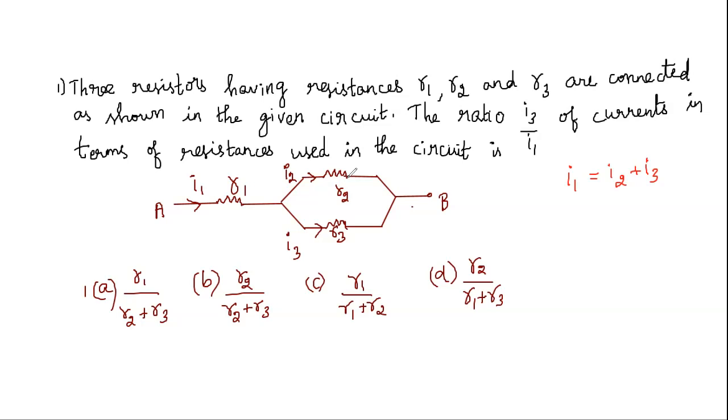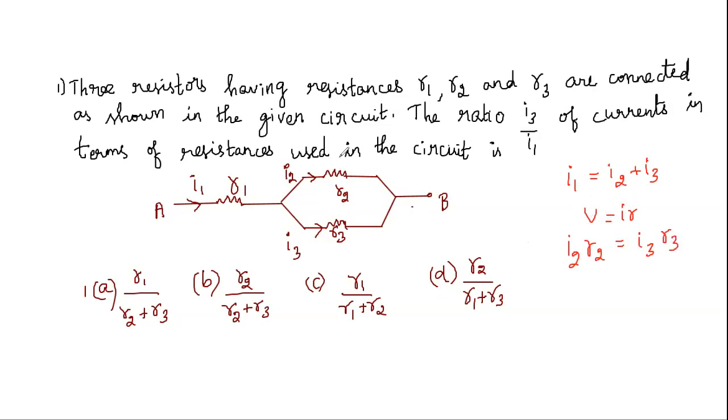So the potential difference, you know very well, V equal to I into R. So across this branch, V is equal to I2 into R2. So I2 into R2 equal to I3 into R3.